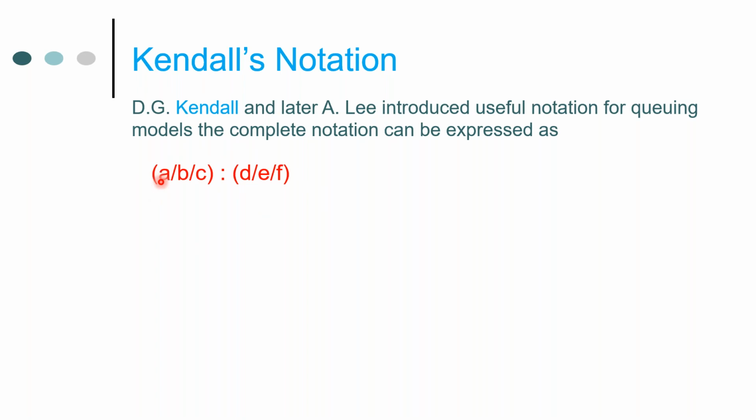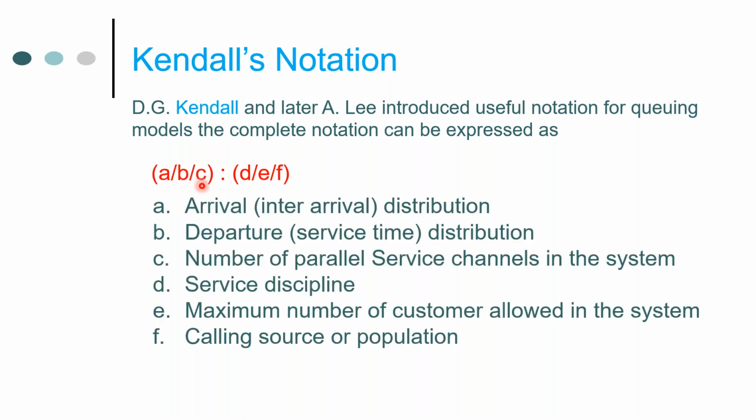Now this A represents something, this B represents something which is related with your queuing model. C, D, E, F, everything is related with your queuing model. Now we'll see what the meaning of A, B and C is, and what each denotes.